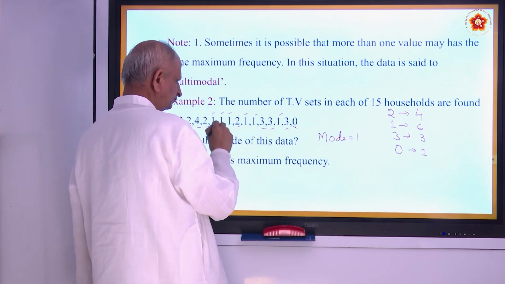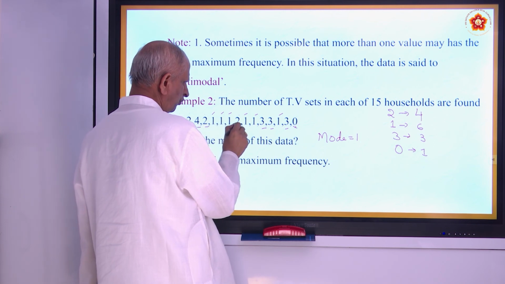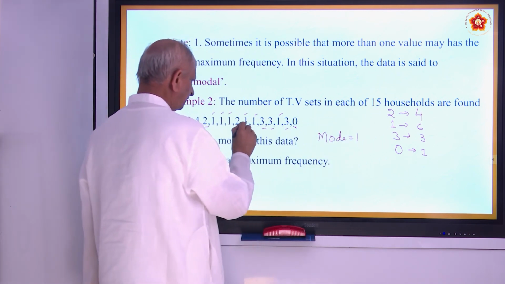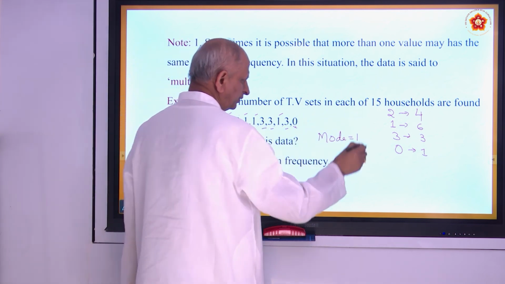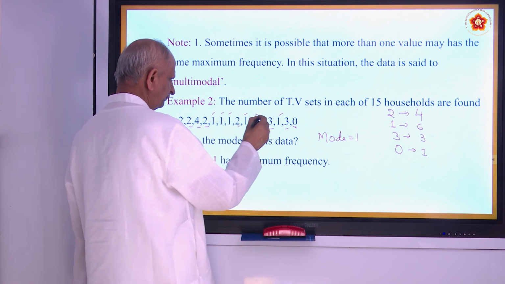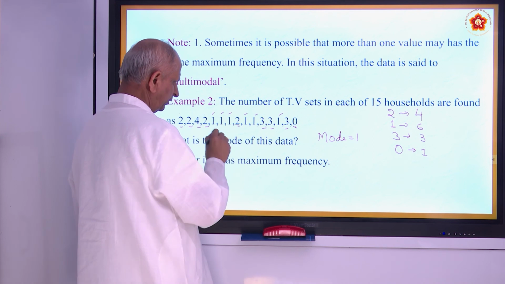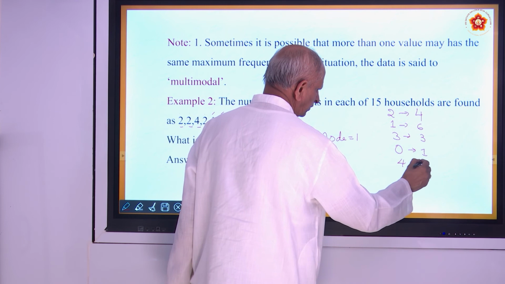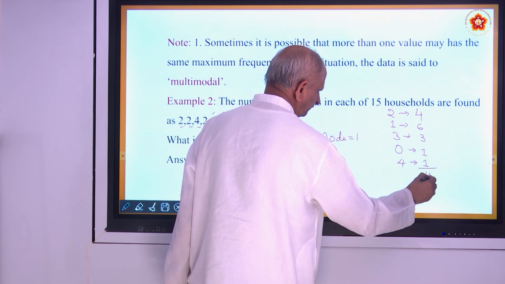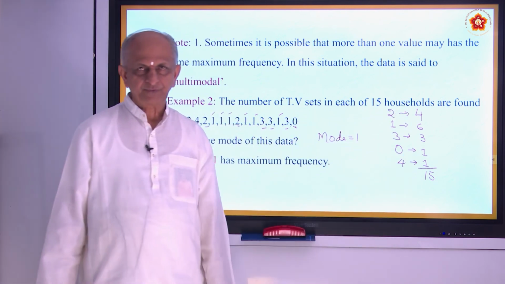What is that? 1, 2, 3, 4, 4 times. 1 is 1, 2, 3, 4, 5, 6. Okay. 3 is 1, 2, 3, 3 times. Okay. 0 is 1, and one more is 4. Totally 15. So this is the number of TVs in houses.